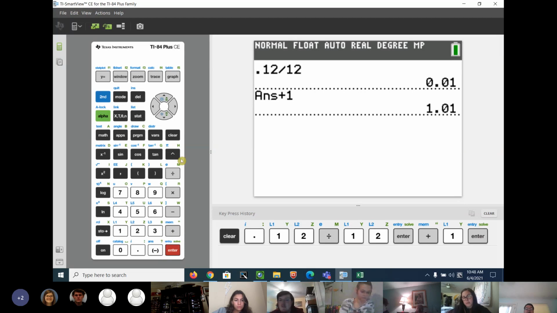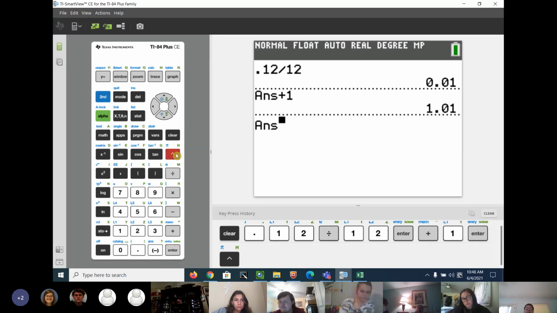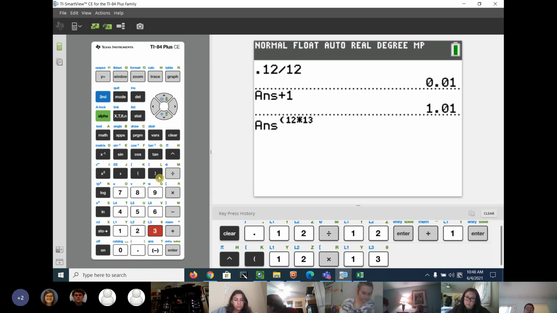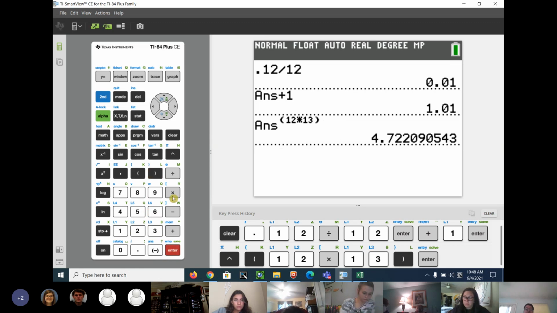And we're going to raise that. It's the caret symbol. Caret is right below, that's K-A-R-E-T. It's right below the clear button. And that's parentheses 12 times 13. Close parentheses. Times 15,000.